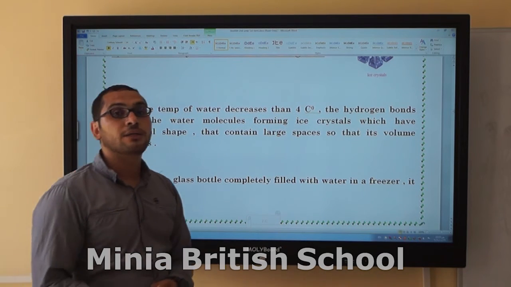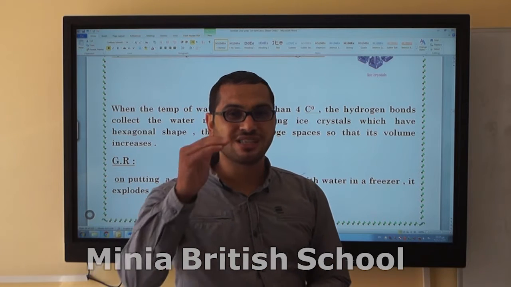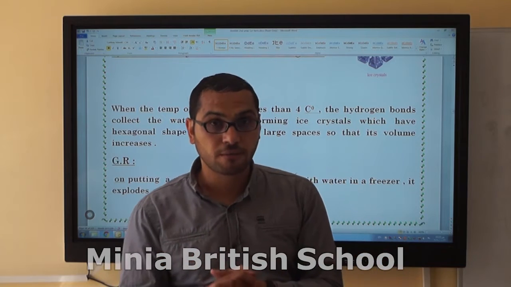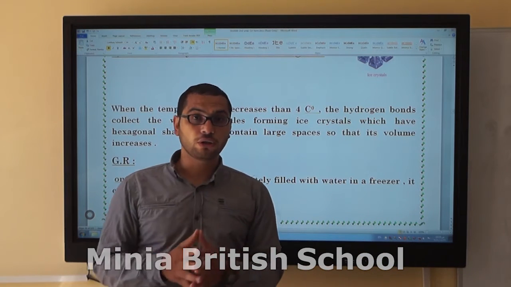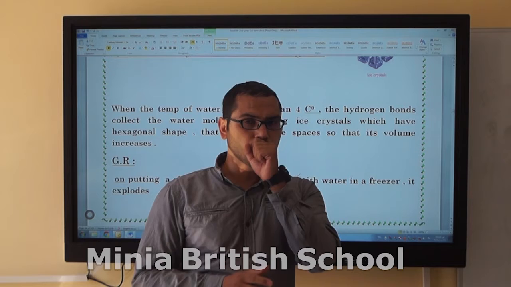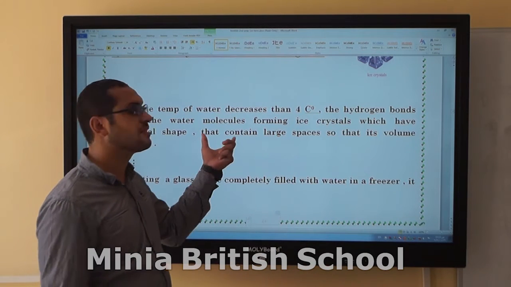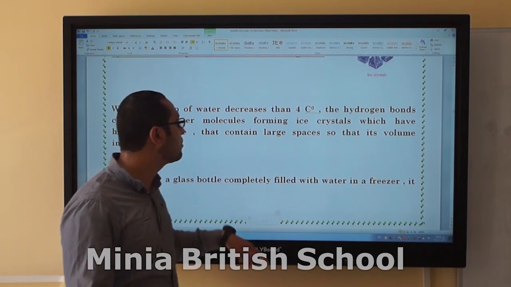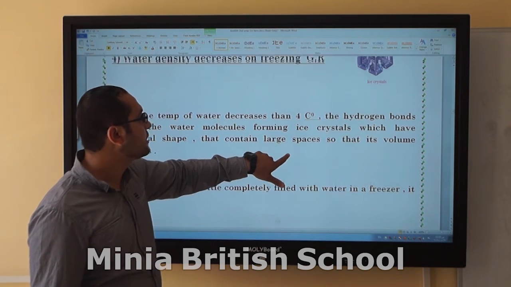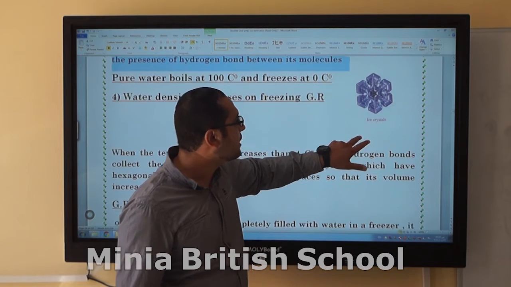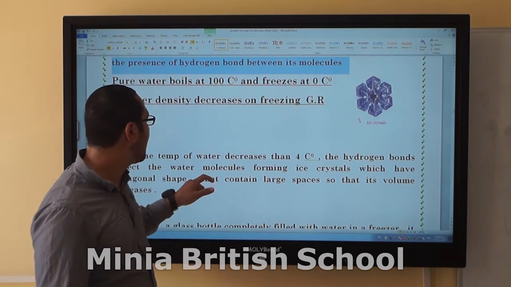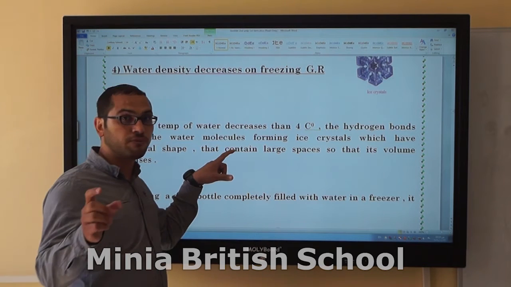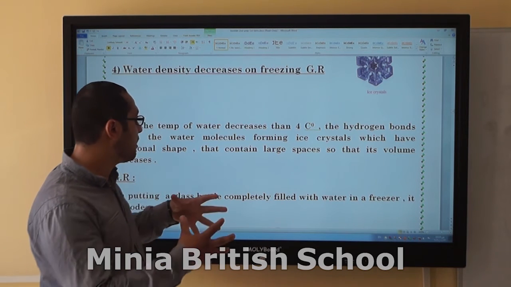When the temperature becomes less than 4 Celsius degrees, the water molecules are collected together by hydrogen bonds forming ice crystals, which have a hexagonal shape, have a large volume, and have a large number of spaces between them.